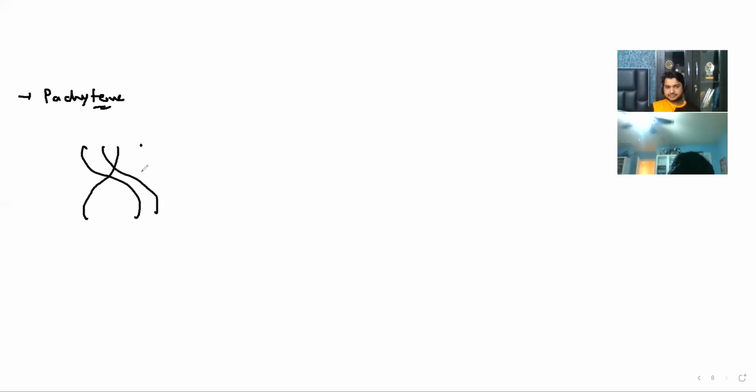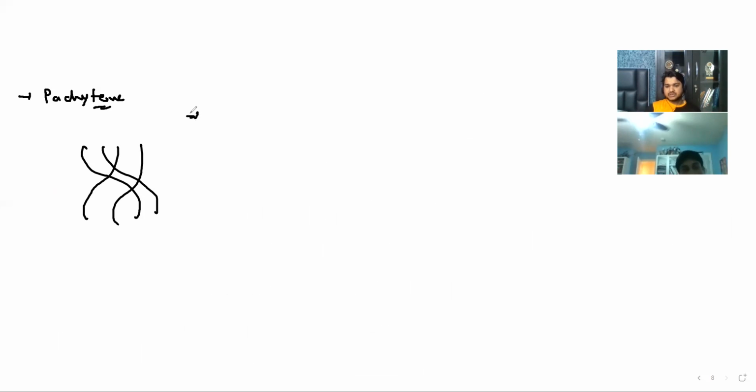This thing only happens in the zygotene, but the main part happens in the middle part, which is the pachytene. What happens here? Now you saw that process, they are coming closer completely.